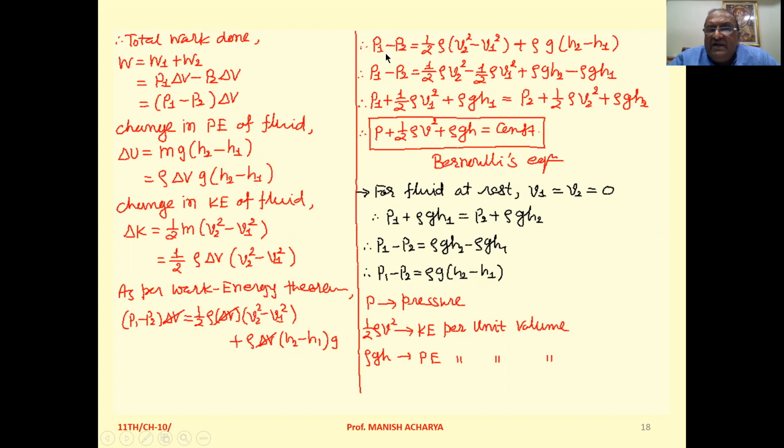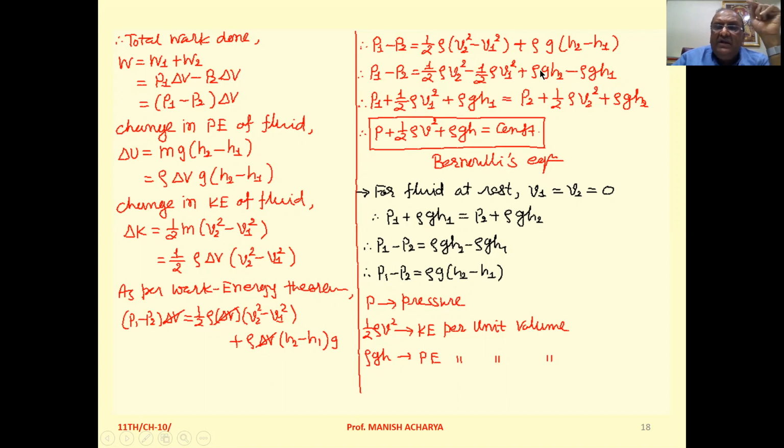So on the left-hand side, P1 minus P2 is half rho (V2 square minus V1 square) plus rho g (H2 minus H1). Therefore, P1 minus P2 equals, simplifying, half rho V2 square minus half rho V1 square plus rho g H2 minus rho g H1.